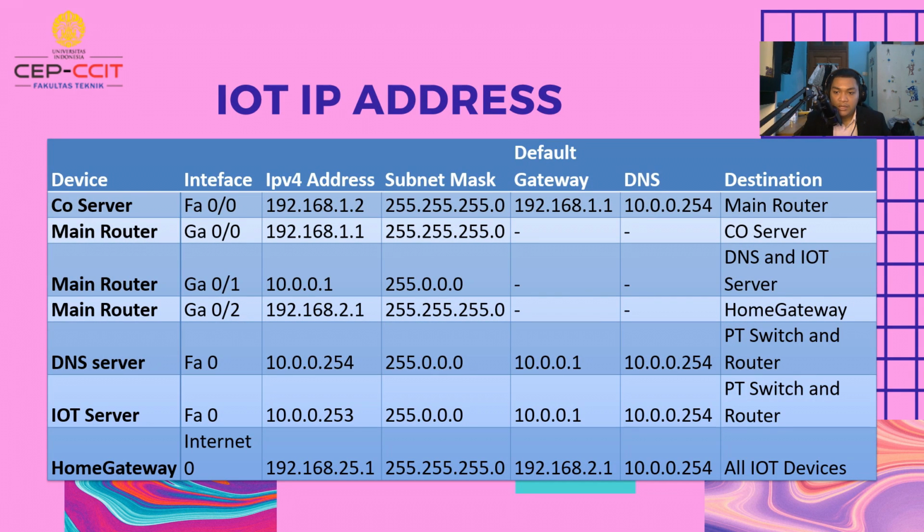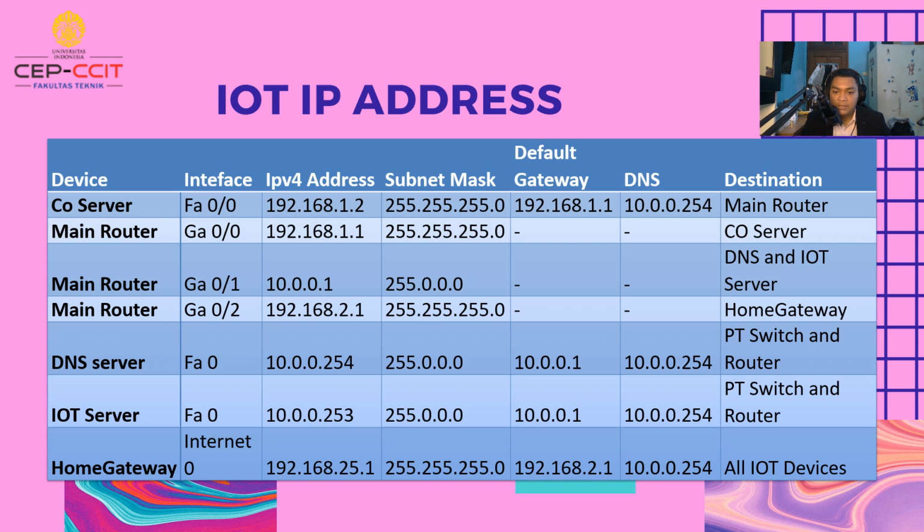And then in the IoT server, the IPv4 address is 10.0.0.253 with the same default gateway as the DNS server. And then the home gateway is using interface Internet 0 with the DHCP IP address, which is 192.168.25.1 with subnet mask 255.255.255.0 and the default gateway is 192.168.2.1.